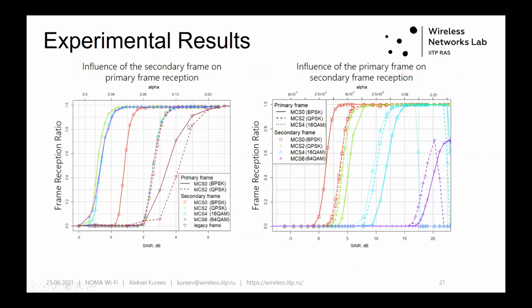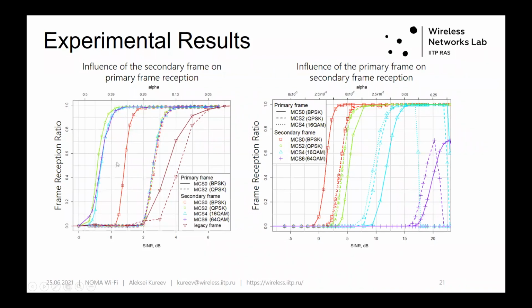These brown curves correspond to frames transmitted without NOMA on MCS0, which uses BPSK, and MCS2, which uses QPSK modulation. And you see that to transmit and successfully receive these frames, we need much more SINR than if we use NOMA and consider this SINR that is caused by the secondary frame.